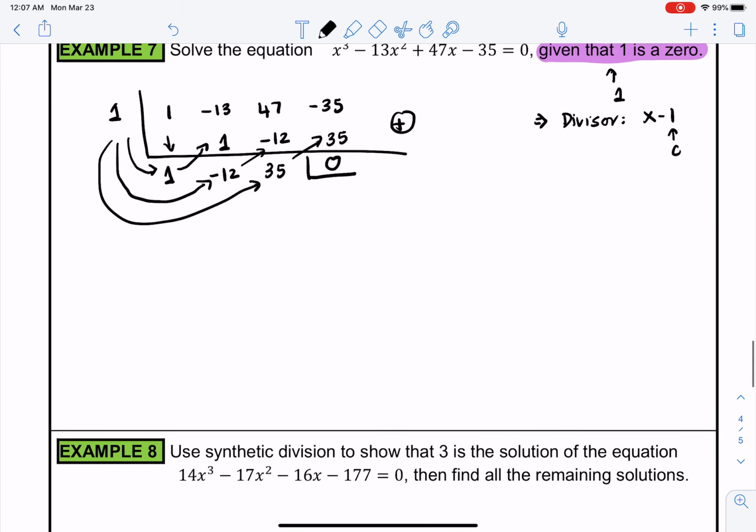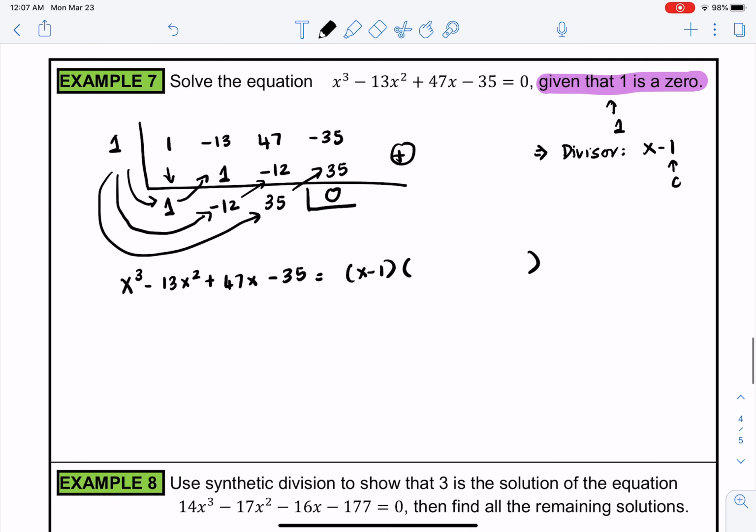So the divisor is x minus 1. So we could rewrite the original polynomial as the product of the divisor and the quotient. The original function starts at degree 3, so we start at 2, so x squared, the coefficient of x squared is 1.